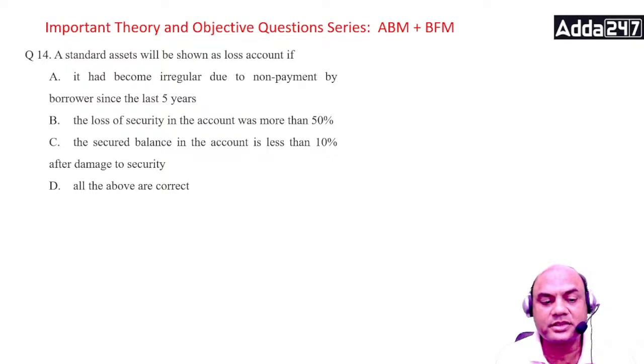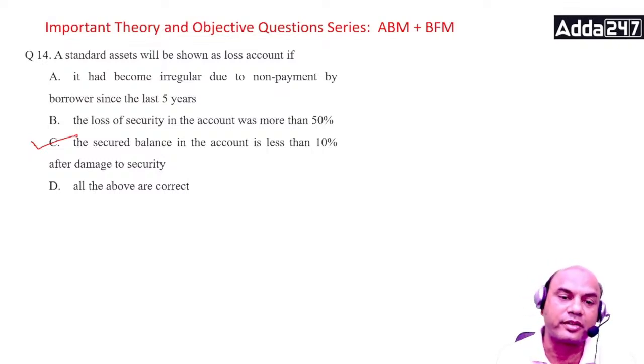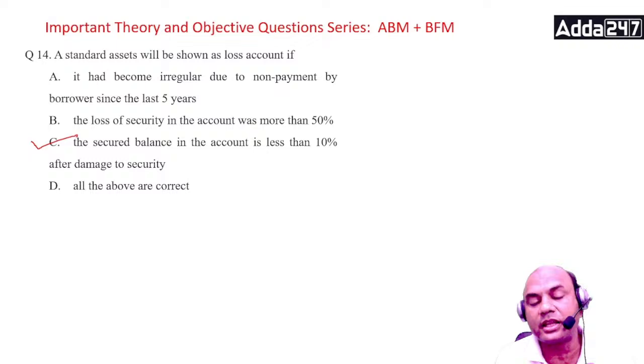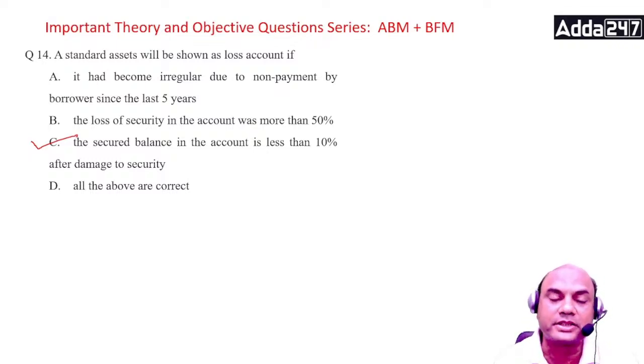The answer is C. The secured balance in the account is less than 10% after the damage of the security. This is the main criteria. The secured balance means the security against which the loan is given.